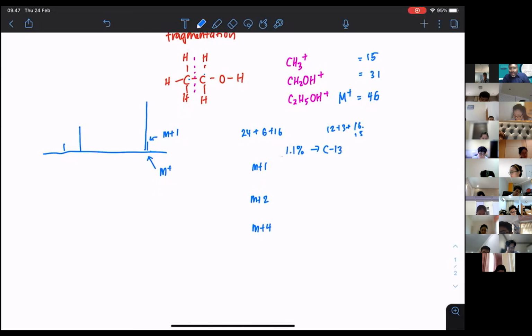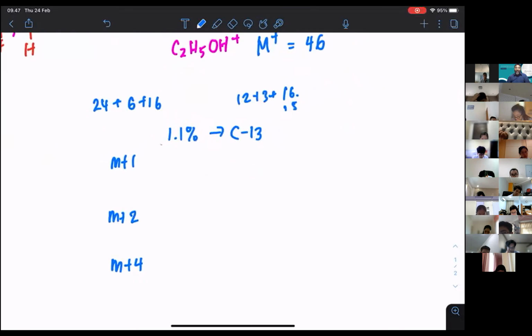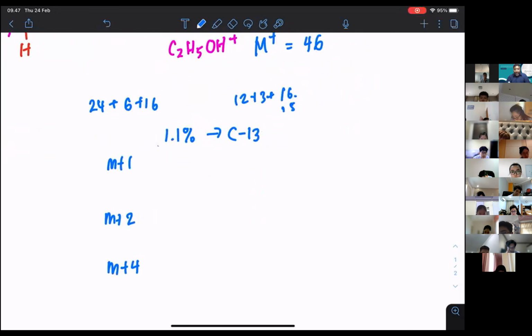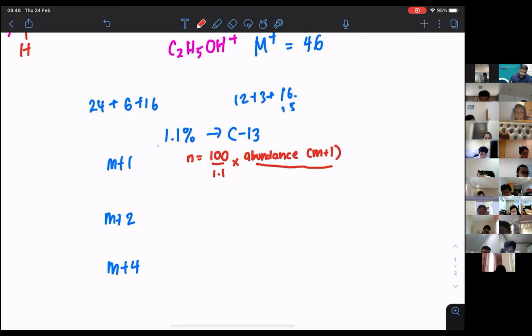That is when I told you that you need to memorize a formula to calculate the number of carbon in the sample. I don't want to go into detail about how to derive this formula. The number of carbon is 100 divided by 1.1, times the abundance of M plus 1, divided by the abundance of M plus.